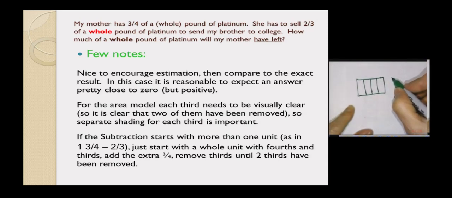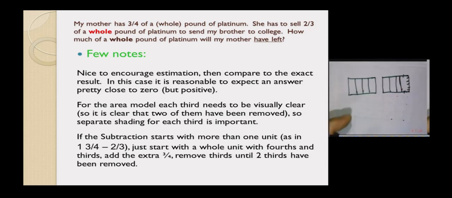And so we had 1 and 3/4, so we have the whole plus another whole here that has 3/4, but nothing out here. What I'm trying to point out is that the modeling is not really going to be too much different. You just have to have a unit stuck out at the beginning.